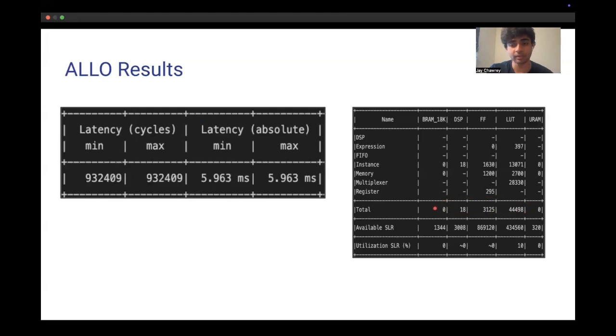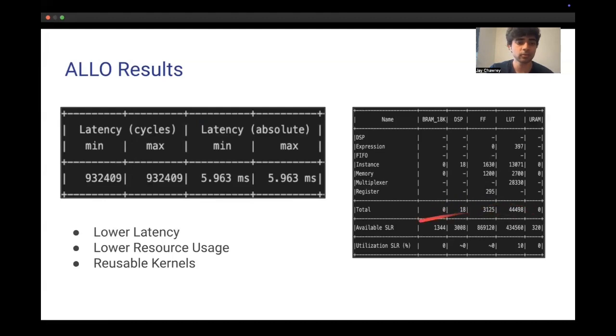We have less than negligible DRAM usage, a lot less DSP usage, and a little bit of flip-flop and LUT usage. So all in all, we got a lower latency from ALO, lower resource usage, and the kernels that we develop can further be reusable. So these are a few of the advantages that ALO provided.